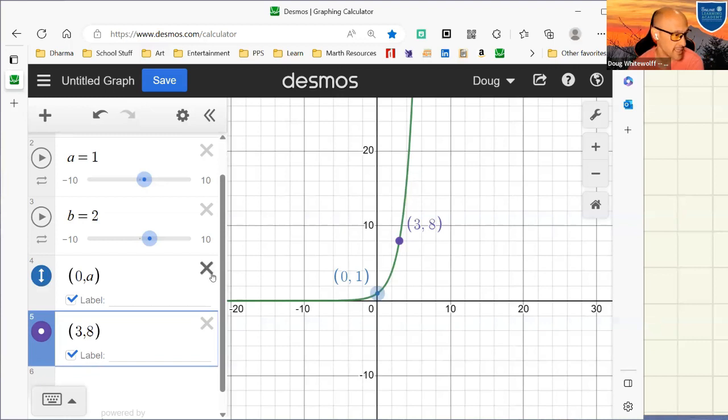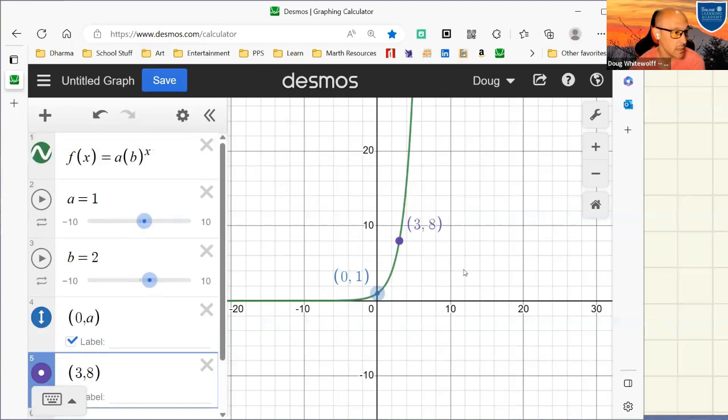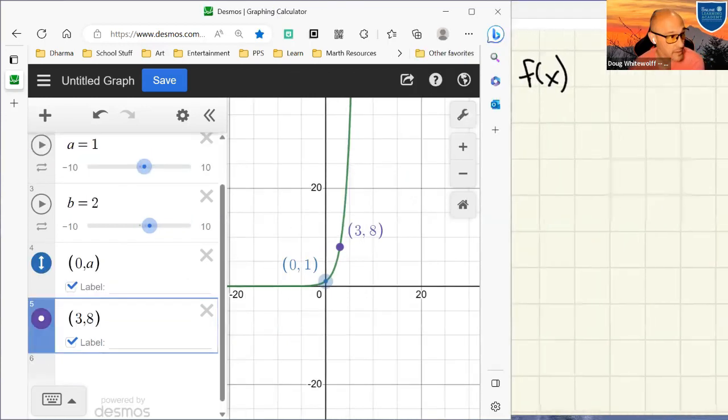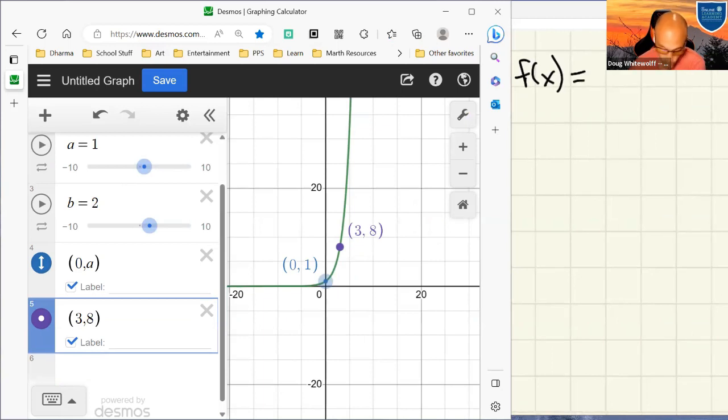And you may already see why, but our function f of x, and I know you can't see what I'm writing right now, let me fix that. F of x is equal to, well, the a value is 1, so I can write 1 there, and the b value is 2, and there's our function.